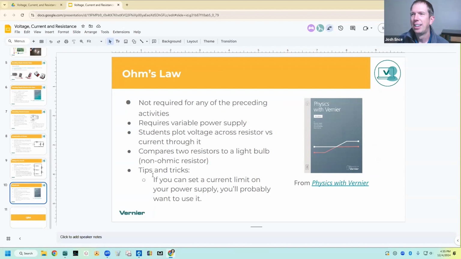And while that's really fun, that's where you end up with burnt out bulbs and that sort of thing. So if your power supply has a current limit on it, and you know what kinds of bulbs and resistors your students are going to be using, choose a good current limit and make sure that's set, and then tape it into position so students can't change that. That'll spare you a little bit of grief later on when they're burning out lots of bulbs.